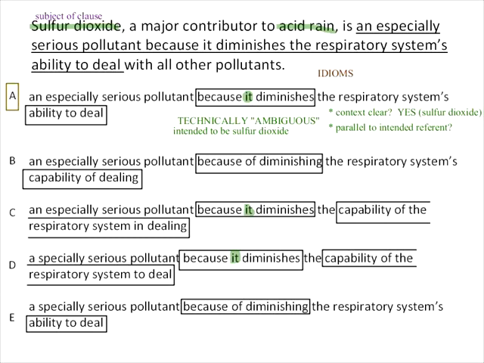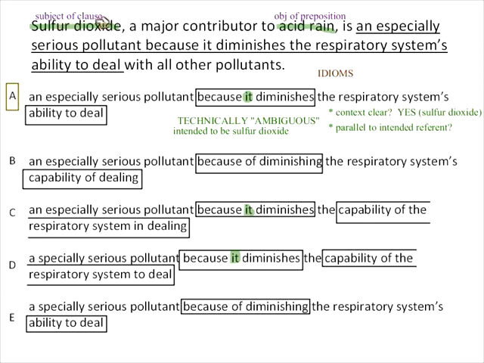And this is the object of the preposition. And it is the what in the text box. What does it do in its respective clause? It is the subject of its own clause.